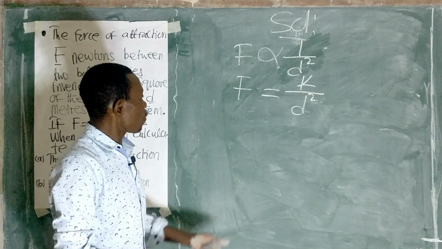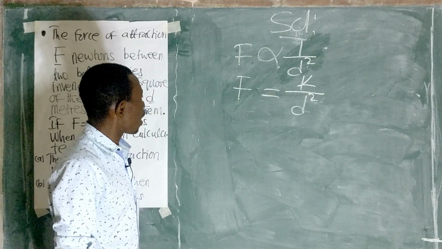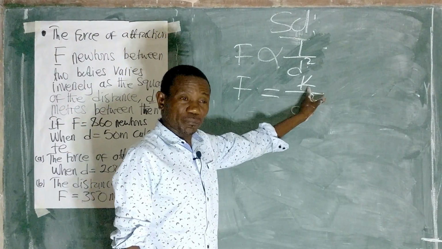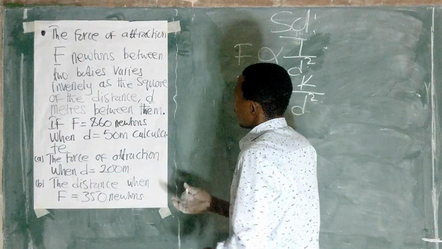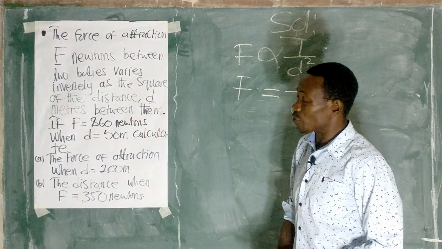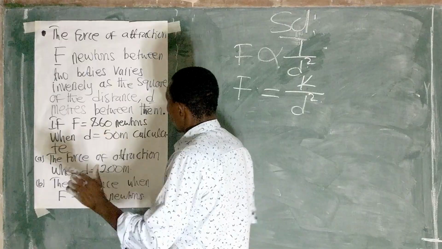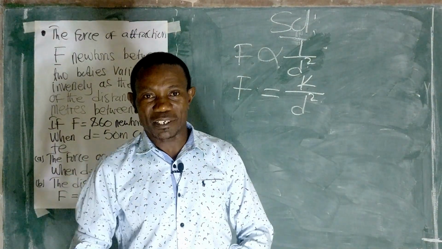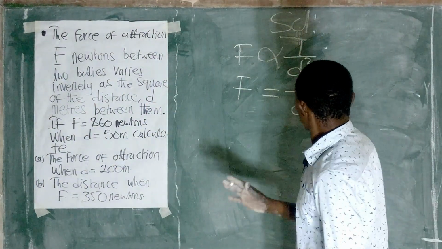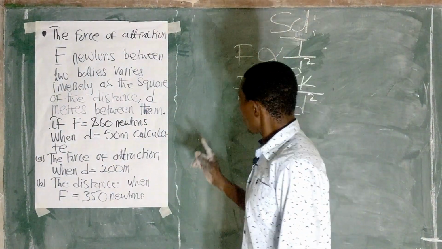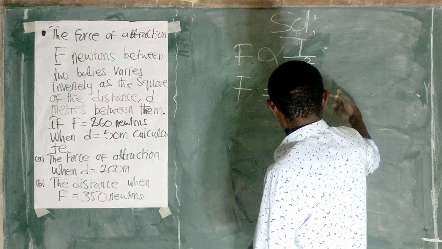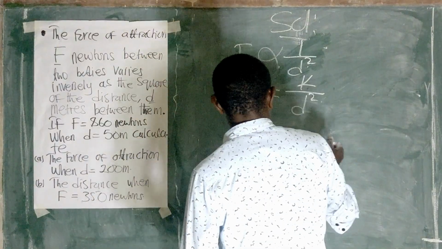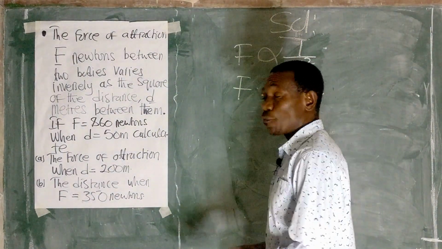Right, so now once you have written your statement and the proportionality equation in this manner, tell us something about k. Because k is not described in this question, do you know that every relationship between quantities must have a constant. So always do not forget to include the constant. We have had already the example that gives issues about the constant. The constant must be there each time you are working out issues about the values of the quantities.